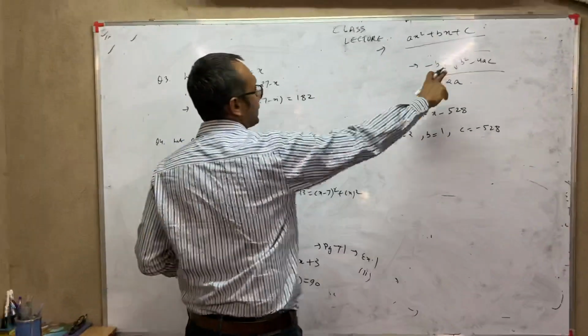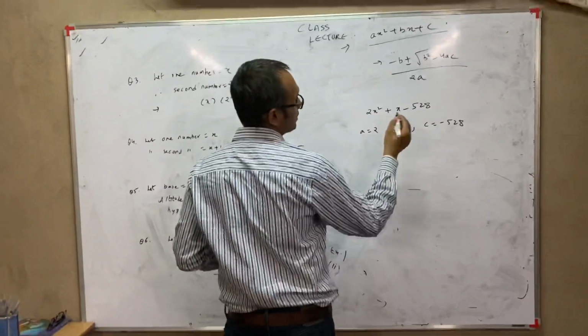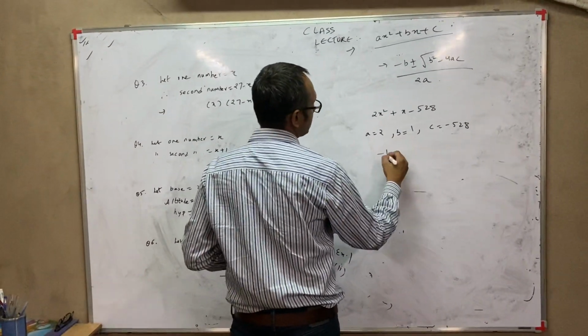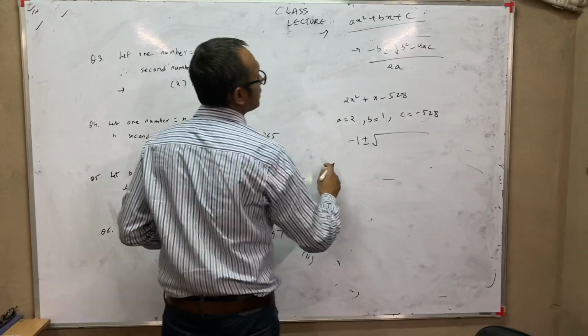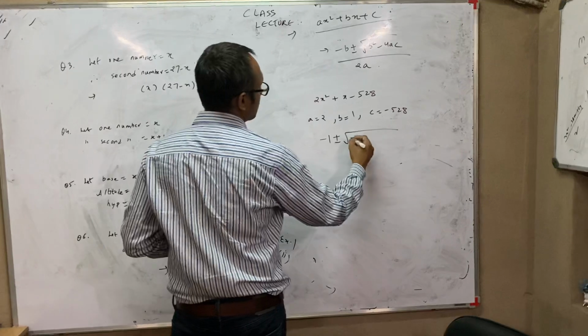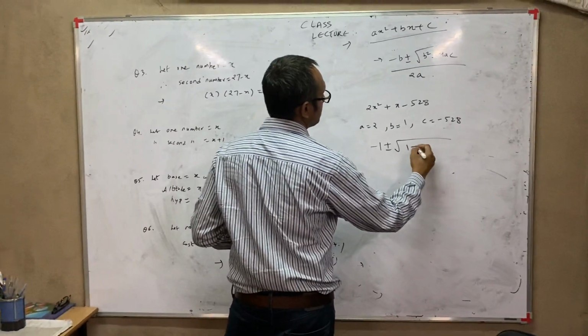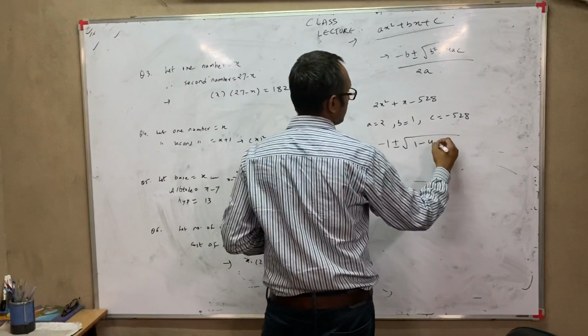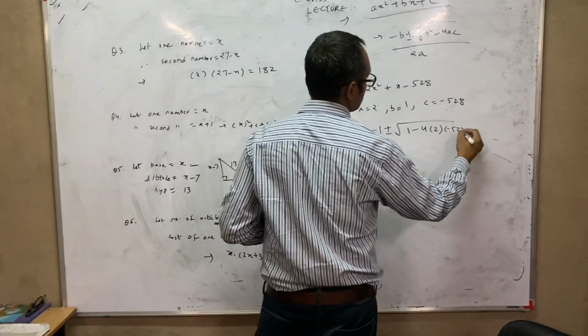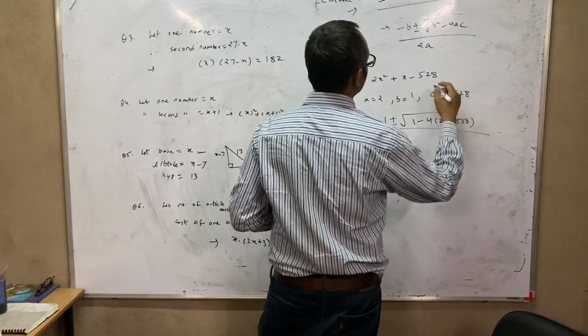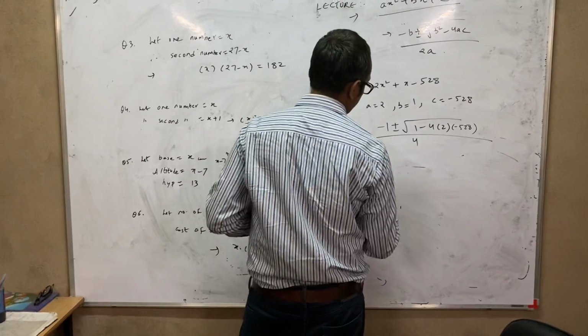Now this formula, minus b plus minus root of b square minus 4ac upon 2a. Minus b is minus 1, plus minus root of b square, 1 square is 1 only, minus 4 into 2 into minus 528, upon 2a, that is 4.